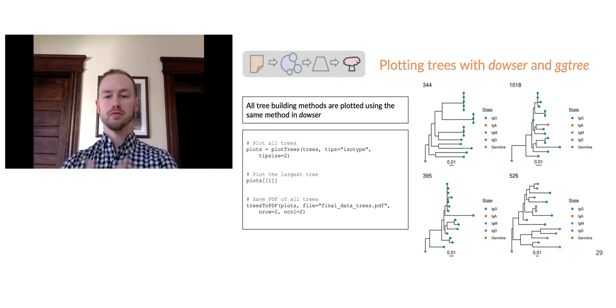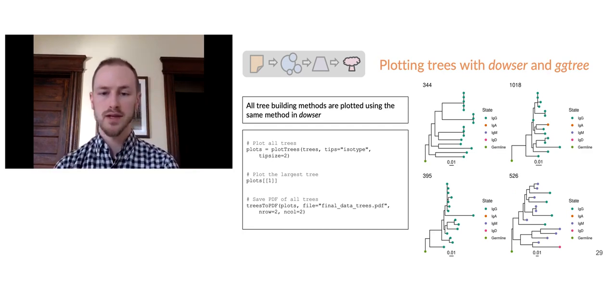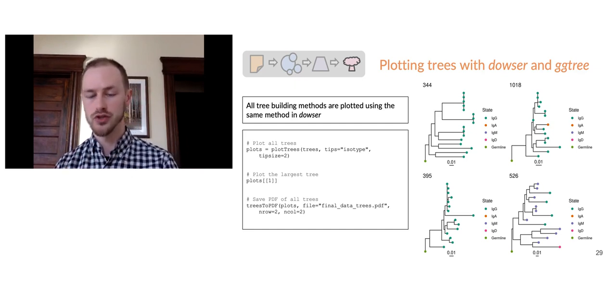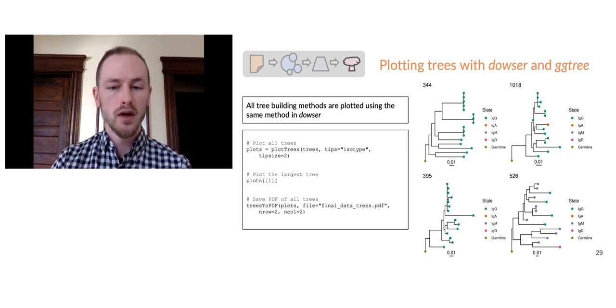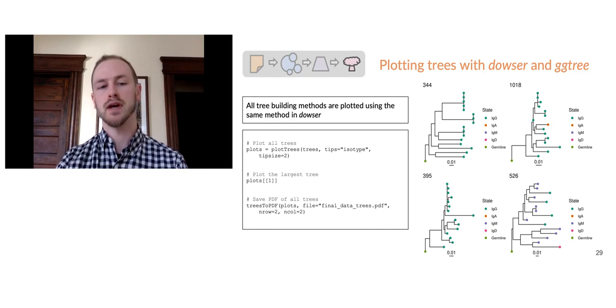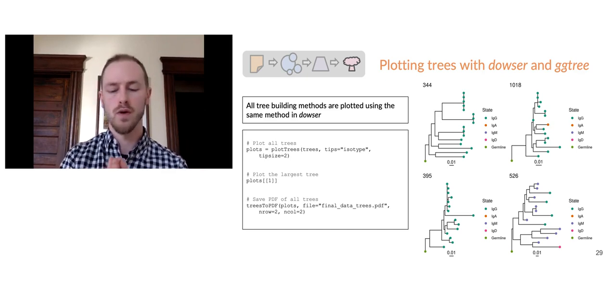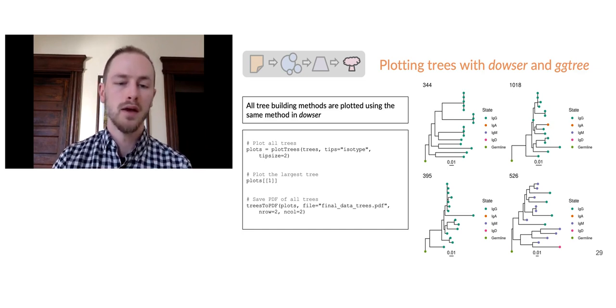Regardless of how you built the trees, they're visualized in the same way using the plotTrees function, which uses this really great package called ggtree. It allows you to plot phylogenetic trees like ggplot objects. To use this, we just call plotTrees, which is a function within Dowser that largely acts as a wrapper for some of the ggtree functions.